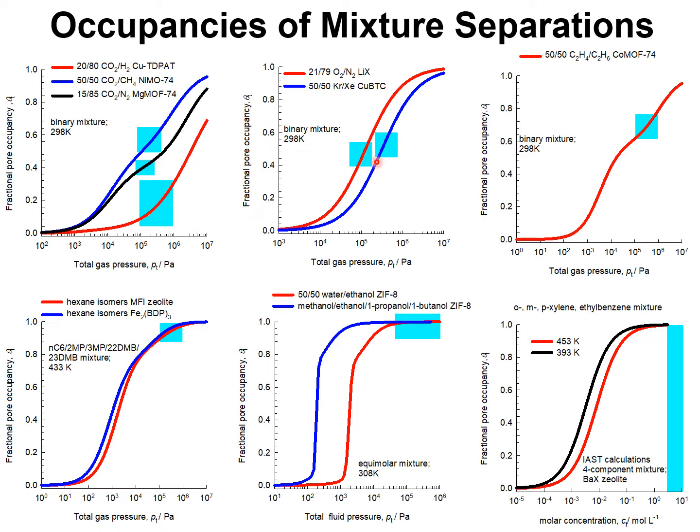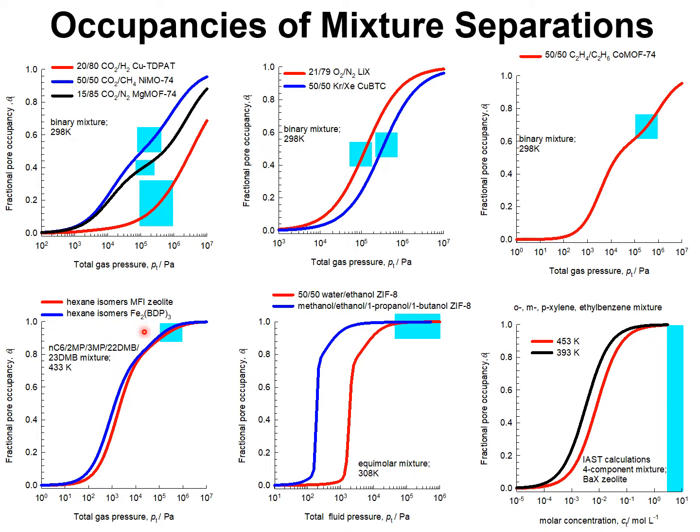For nitrogen oxygen separations with LiX zeolite, we have pore occupancy of about 0.5. The same is true for krypton xenon separations with CuBTC. For ethane separations, the pore occupancies may increase to 0.7 if you operate at say 1 megapascals.